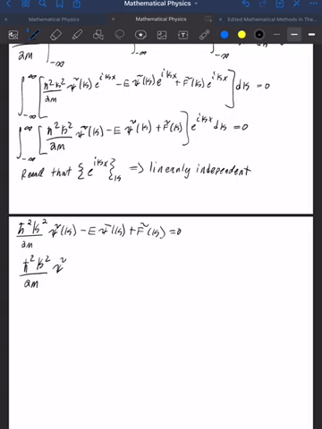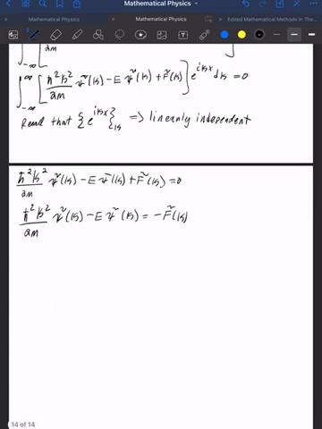If we factor out psi tilde of k on the left-hand side, you get psi tilde of k times h bar squared k squared over 2m minus E, and that's equal to minus f tilde of k.